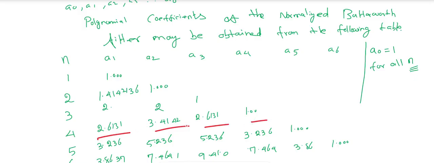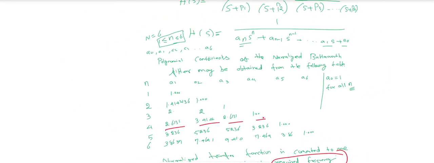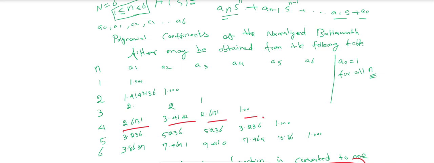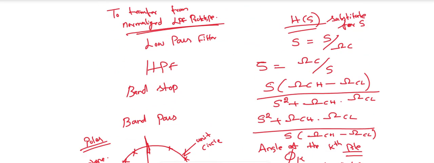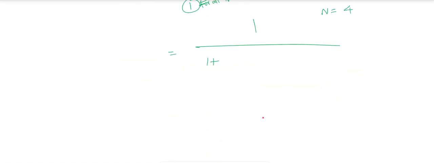They are 2.6, 3.4, 2.61. So how do you write the transfer function now? a0 is 1, then a1 is 2.6 into s, a2 is 3.4 into s square, a3 is 2.6 into s cube, and a4 is 1, so s power 4.